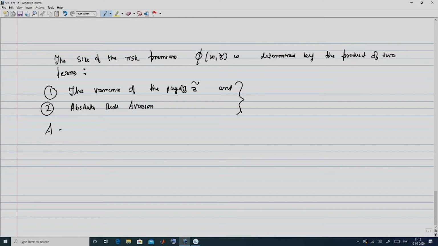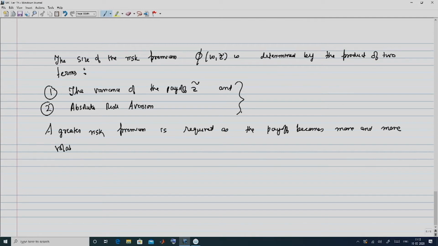Okay, so a greater risk premium is required as the payoff becomes more and more volatile.